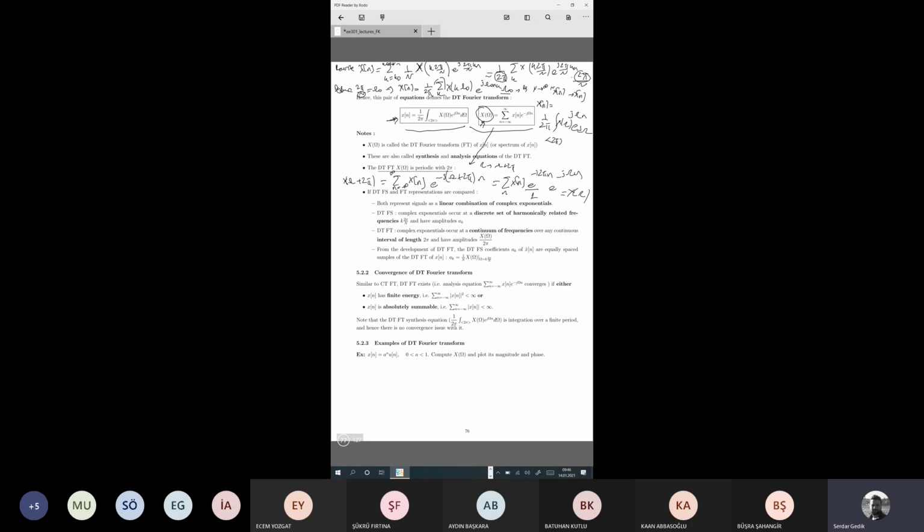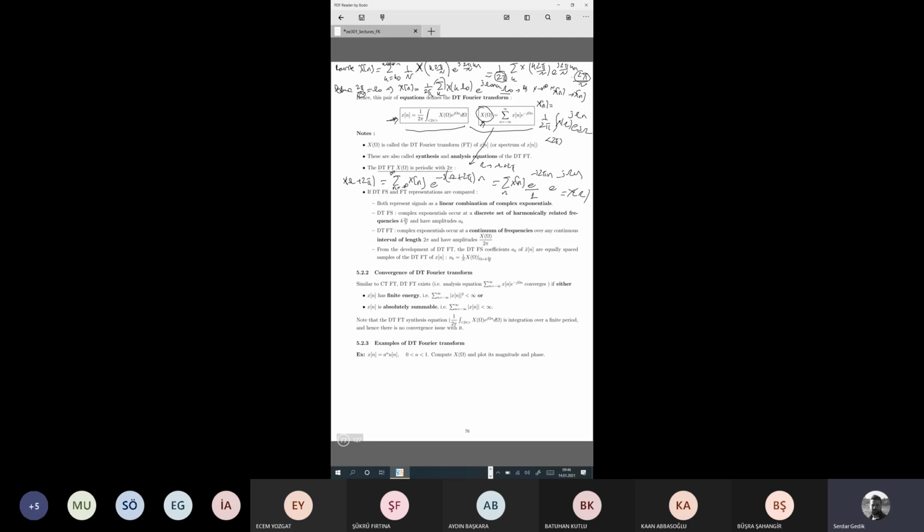If you compare the discrete time Fourier series and discrete time Fourier transform representations, both represent signals as a linear combination of complex exponentials. For the discrete time Fourier series, the complex exponentials occur at a discrete set of harmonically related frequencies. Remember the synthesis equation was a summation instead of an integration.